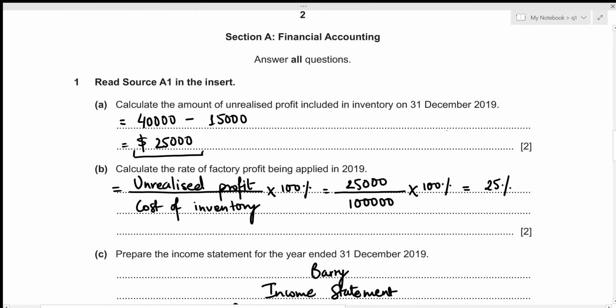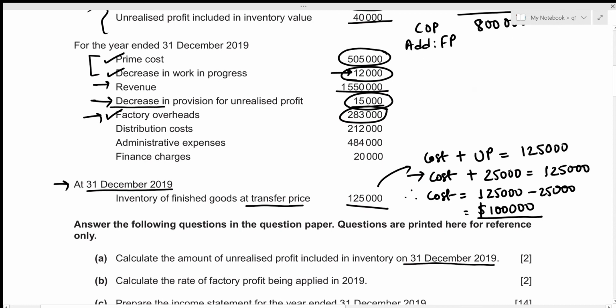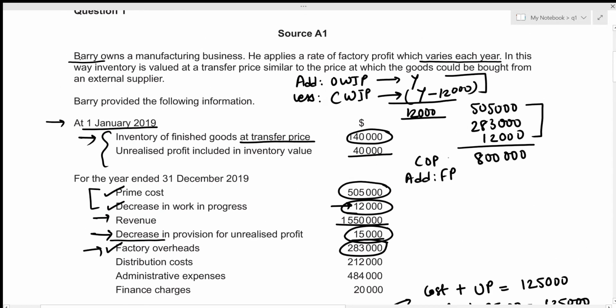Let's have a look. We figured it out to be 25%. So we're just going to add the factory profit, which is going to be 25% of our cost of production. So that's 800,000 times 25%, which we can write down as 0.25, which results in our factory profit to be 200,000. Let's add it.